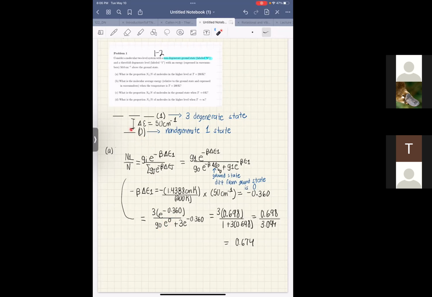So the difference between energy from the ground state is just 0. And then this state here, we just plug in the exponent, which are the same. And after solving for it, we get this answer for our distribution. It pretty much relates to the probability of finding a particle with that energy level. Now, does anyone have any questions about this part?